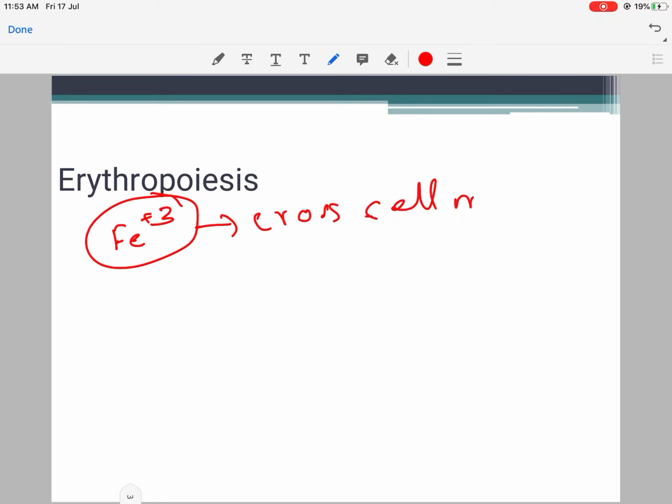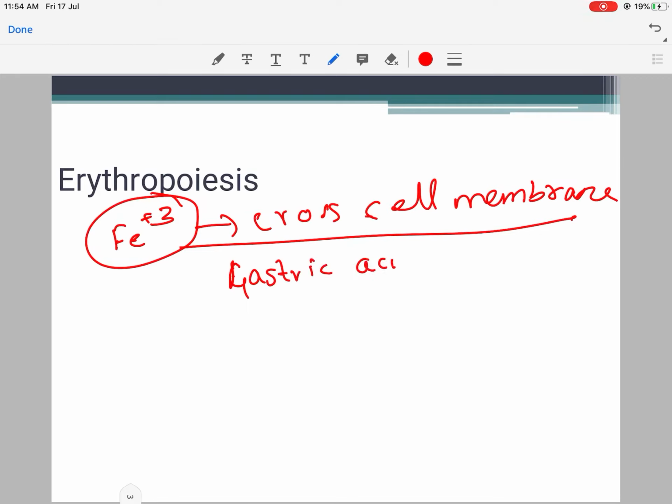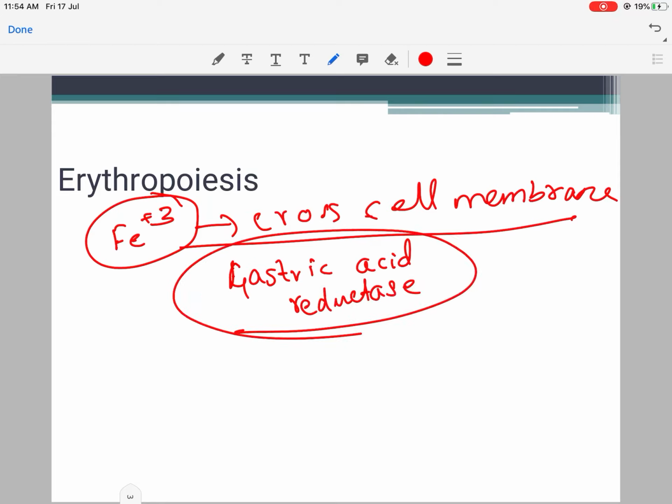This is an important thing to remember. Whenever iron is present in Fe+3 form, if it is not reduced to Fe+2 form, iron cannot be absorbed. The important things that reduce the iron from Fe+3 to Fe+2 are gastric acid, along with a reductase enzyme. So if these two things are absent, iron cannot be absorbed in the body. This is an important step which we need to remember.